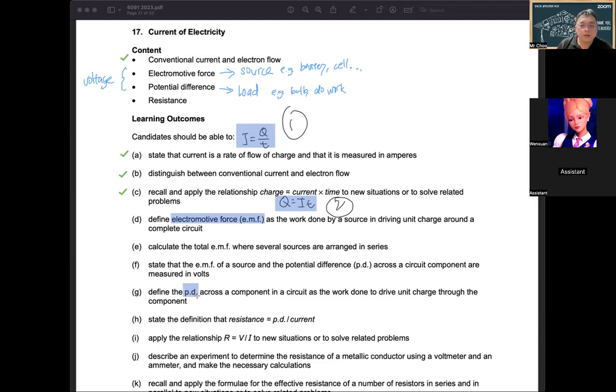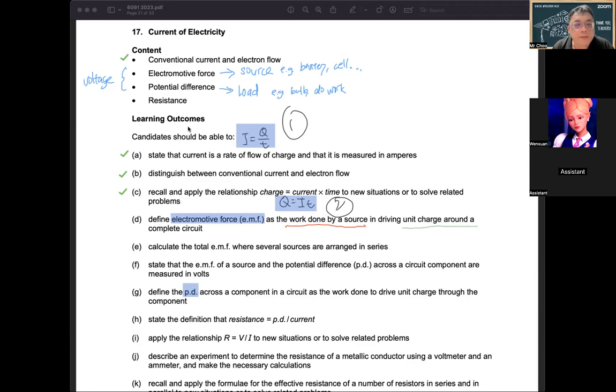Let's look at the differences. EMF is the work done by a source to drive one unit of charge around the circuit. It's a work by a source to drive one unit of charge around a circuit.